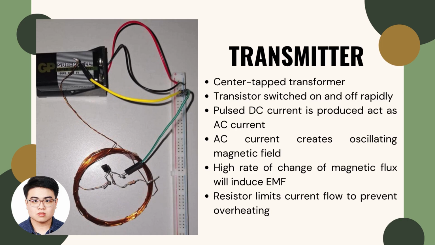This oscillating magnetic field has a high rate of change of magnetic flux that will induce EMF into the receiver part. I should mention that the resistor limits the current flow to prevent overheating. This is quite important because the 9 volt VCC is quite powerful and we need to protect the circuit and protect the transistor from burning.